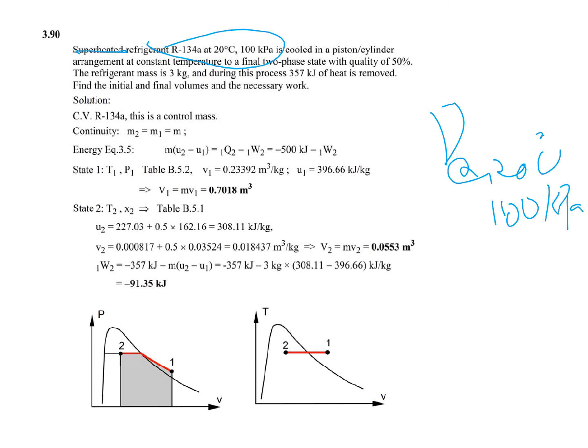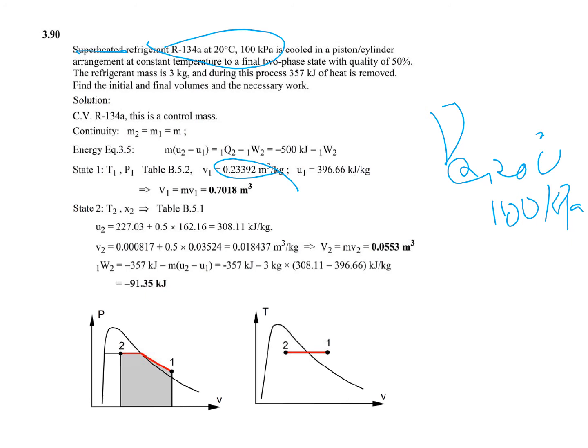Now we will come to know that the volume is this much, and we can multiply it with the 3 kg mass to find the total volume at the present state.